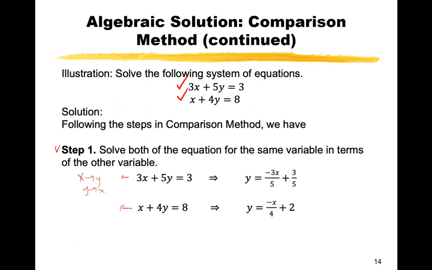Now, dito, ang nangyari, transform natin itong dalawang equations na to such that si variable y ang maiwan sa left and i-express natin si variable y in terms of the variable x naman. After transforming this first equation of 3x plus 5y equals 3, we're left with y equals negative 3x over 5 plus 3/5. Then, itong pangalawa, yung x plus 4y equals 8, transform natin into y equals negative x over 4 plus 2.